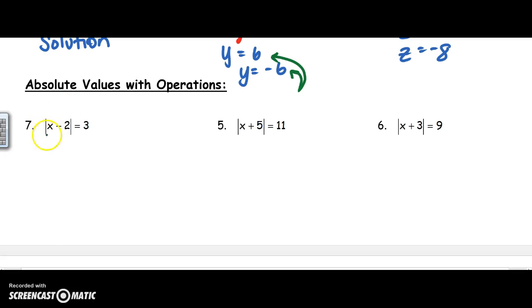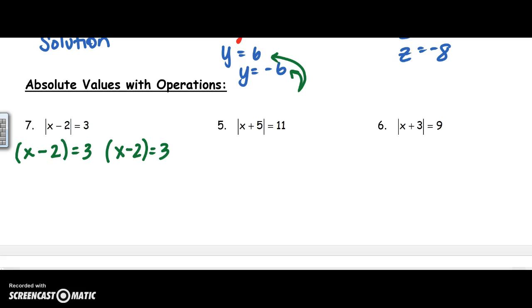So here's our problem. The absolute value of x minus 2 is equal to 3. We're going to write this twice, but instead of the absolute value bars, you're going to put parentheses around it. Now, again, think about our last one.